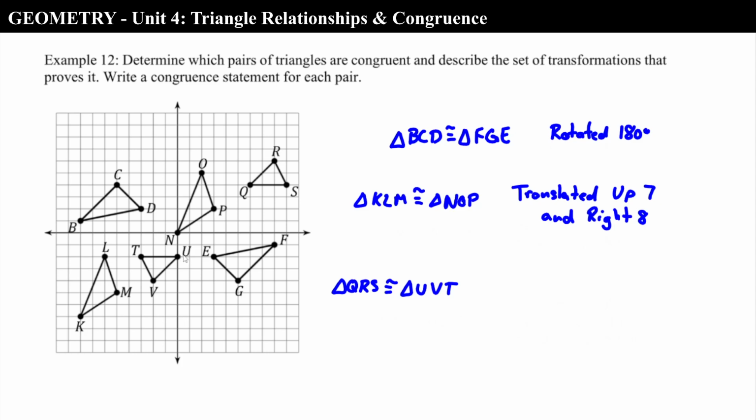So if we rotate it about the origin by 180 degrees, then you're going to end up right here. And then we have to translate it up by 2 units and to the right by 6 units. So we have it rotated 180 degrees, again, about the origin, and then translated up 2 and right 6.